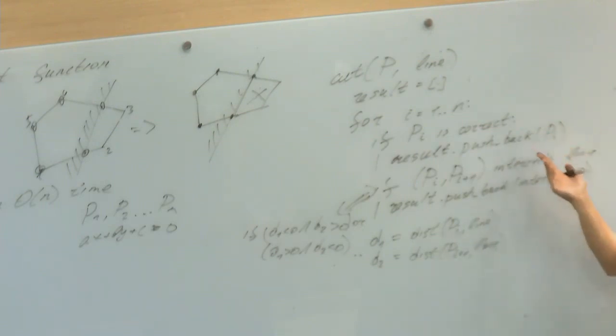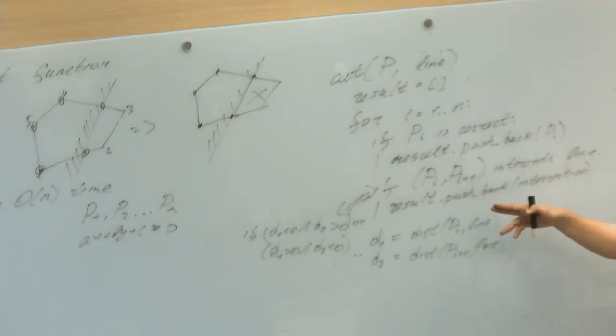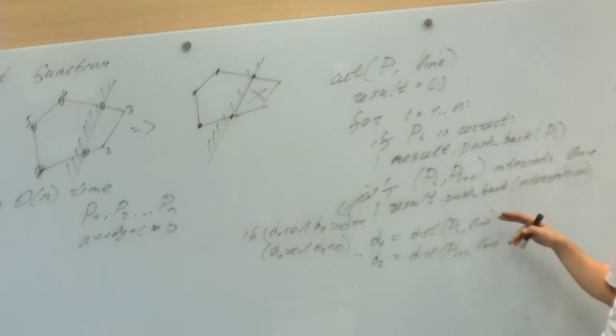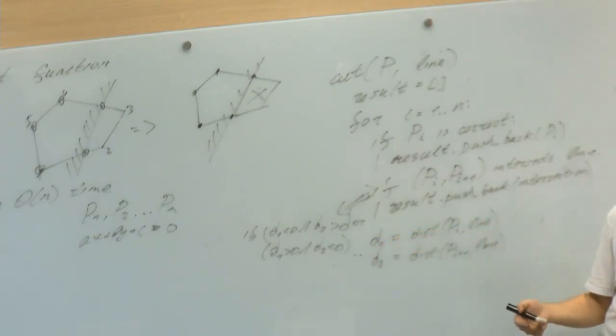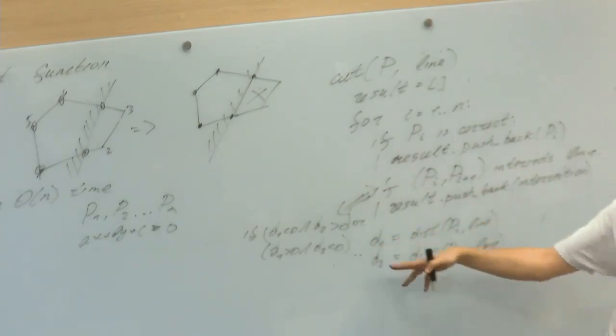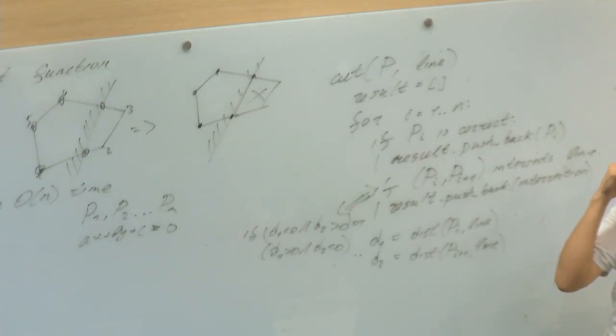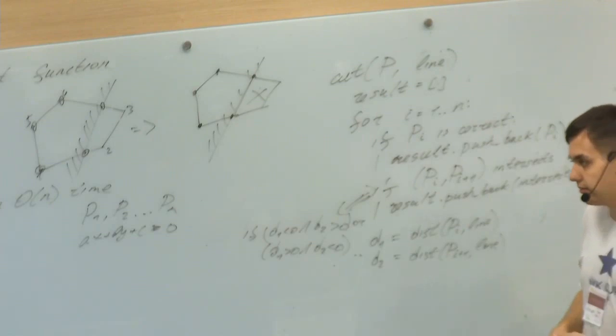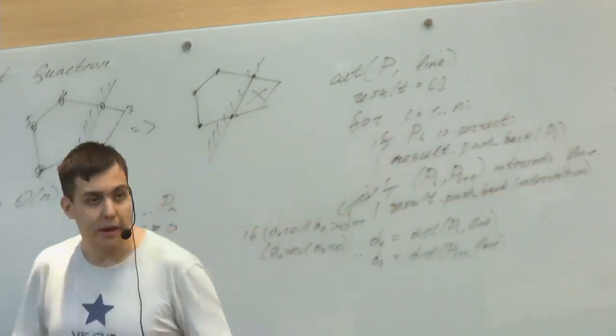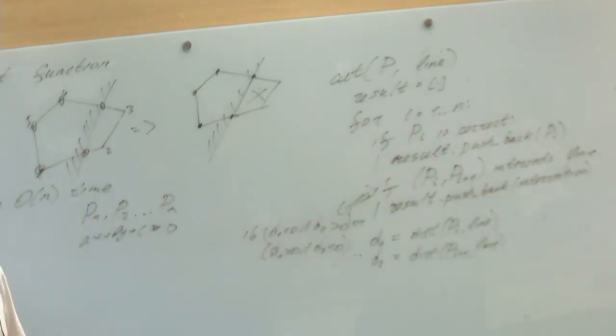Since you're calculating intersections in doubles, you need to find the signed distance also in double, and then you need to check it with epsilons. Okay, so this cut function allows us to find the intersection of half planes in n squared time.